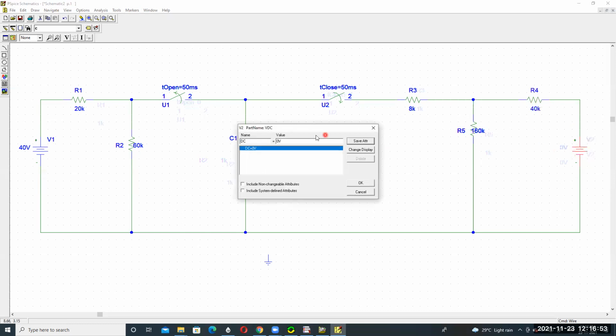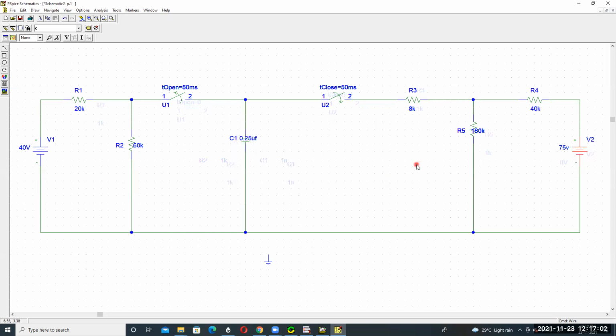This voltage is 75 volts. Then connect ground here.